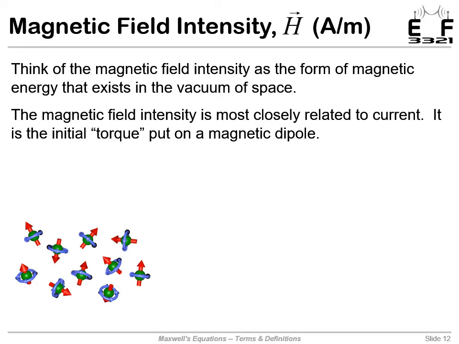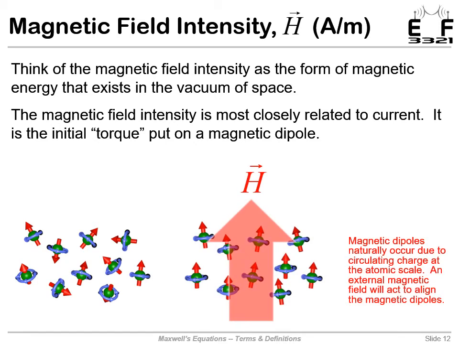So if we look at some materials at the molecular scale, we can think of some of these having circulating currents and inducing magnetic dipoles, and they're all in random orientations. Well, along comes a magnetic push, if you will, the magnetic field intensity, and in some materials, these magnetic dipoles will line up, and the material becomes magnetized. When this happens, we are storing magnetic energy in the matter itself.